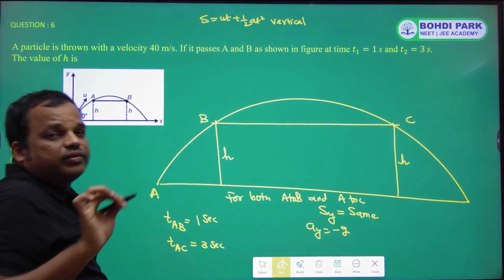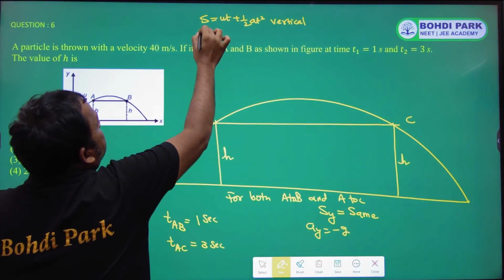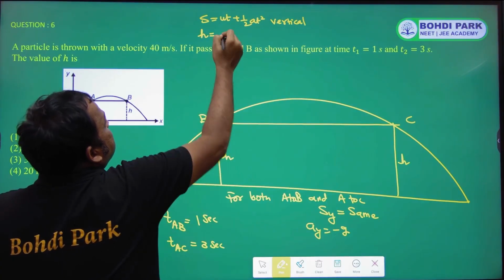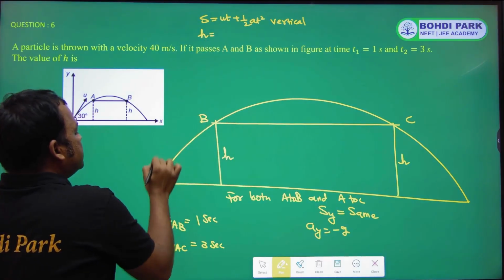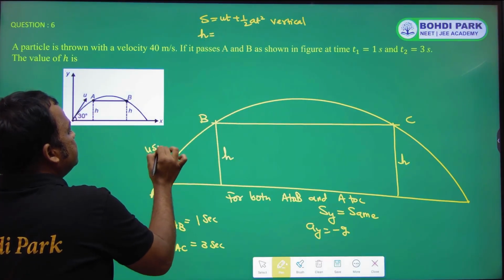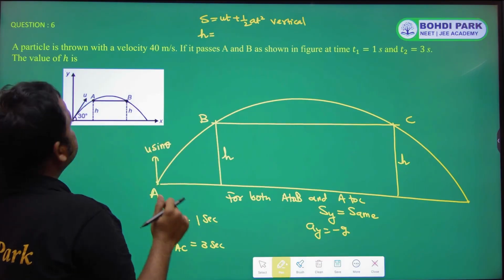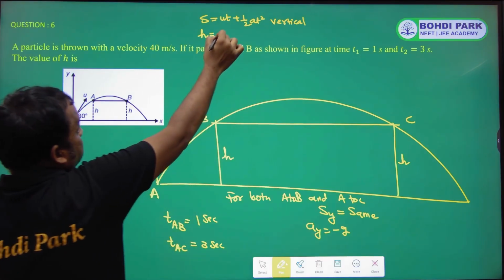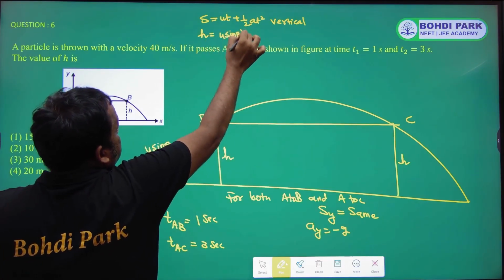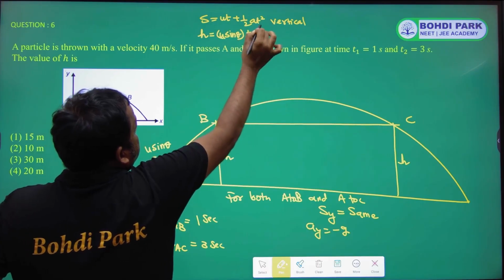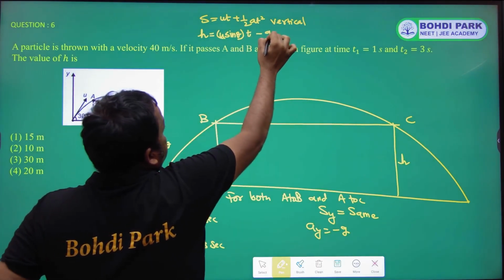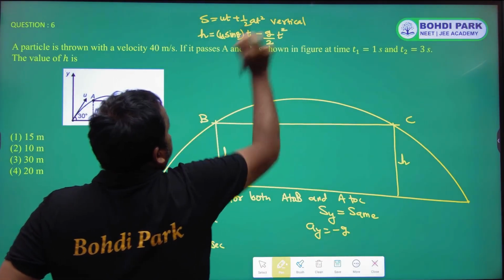Okay. So in the vertical direction we have displacement is equal to h. So h is equal to u, now u vertically is u sin theta, so this is u sin theta into t minus g by 2 into t square.